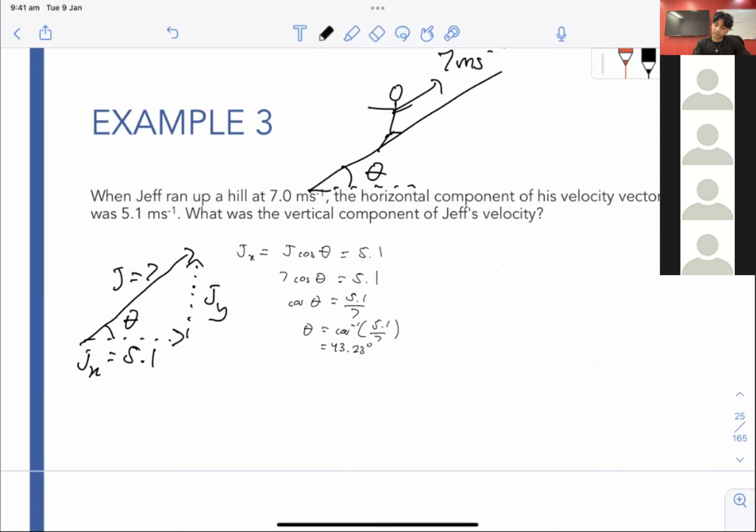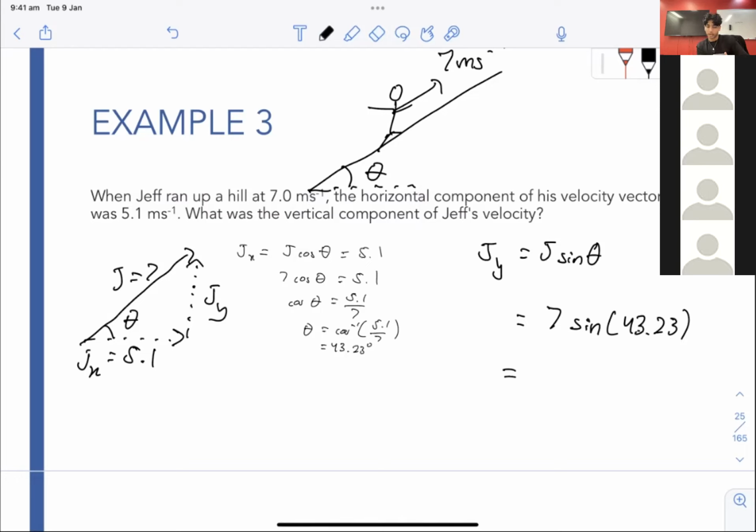Jy equals J sine theta, which is 7 times sine theta. Now we know theta, so we're going to plug that in. 43.23.